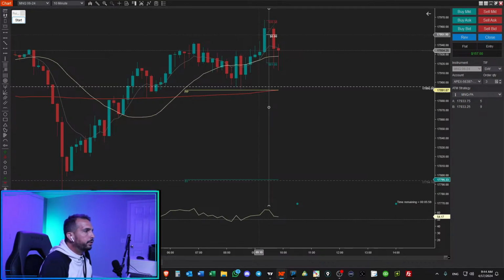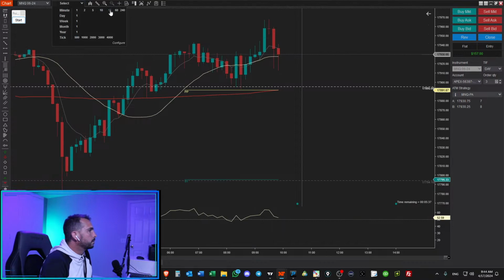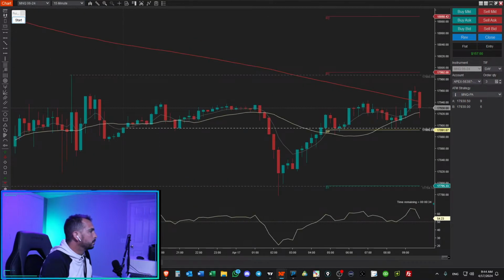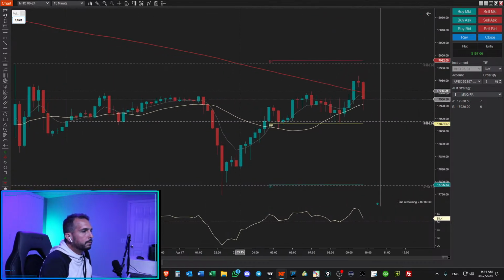So the 10-minute range would be, is that right? That's the 930. This is the 940. Well, the 930 ended there. End of this candle, right?